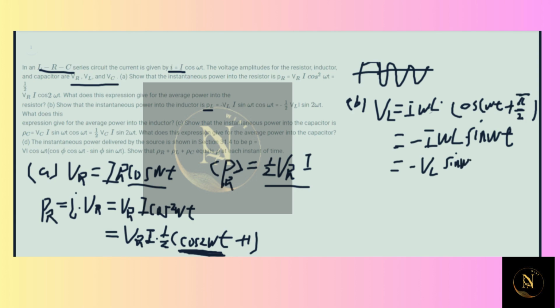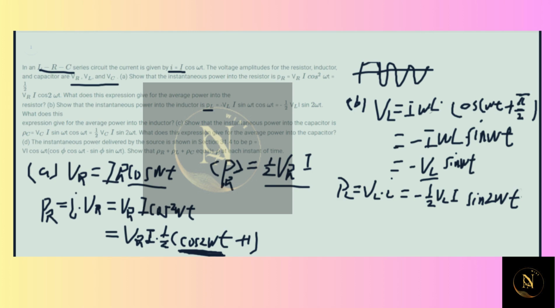So this VL is the amplitude. And the instantaneous power on the inductor will be equal to VL times small i, so equal to negative half VL times I times sine 2 omega t, just utilizing the trigonometric function relation directly. So equal to this one.